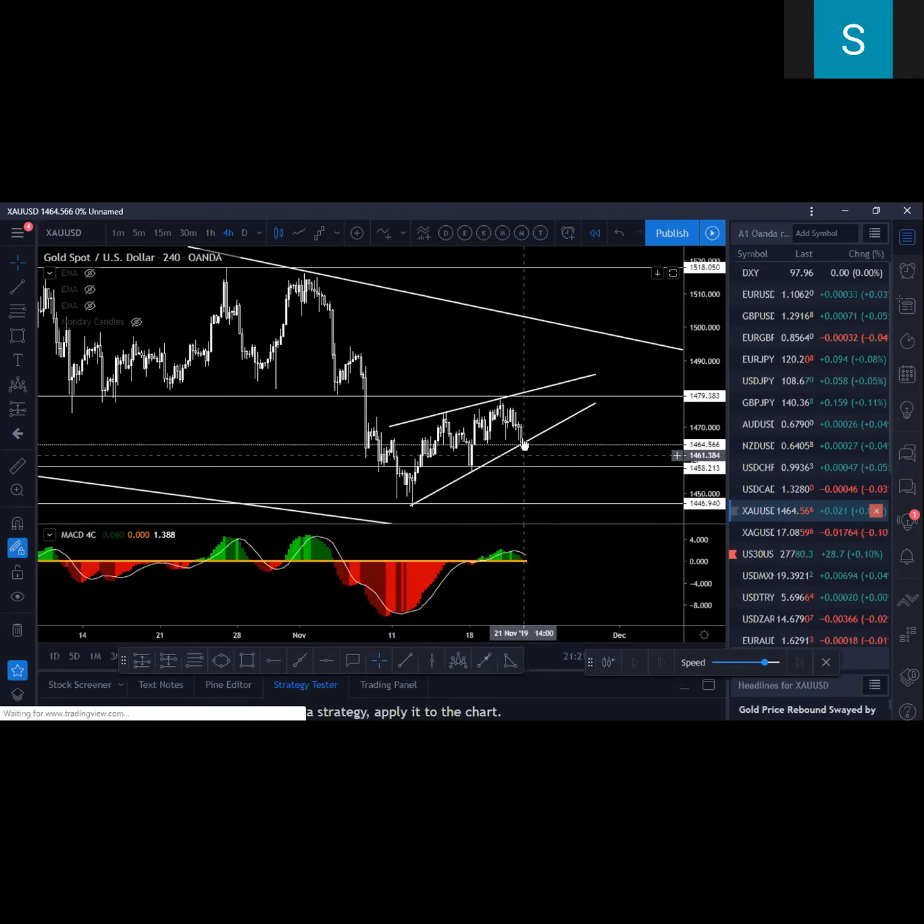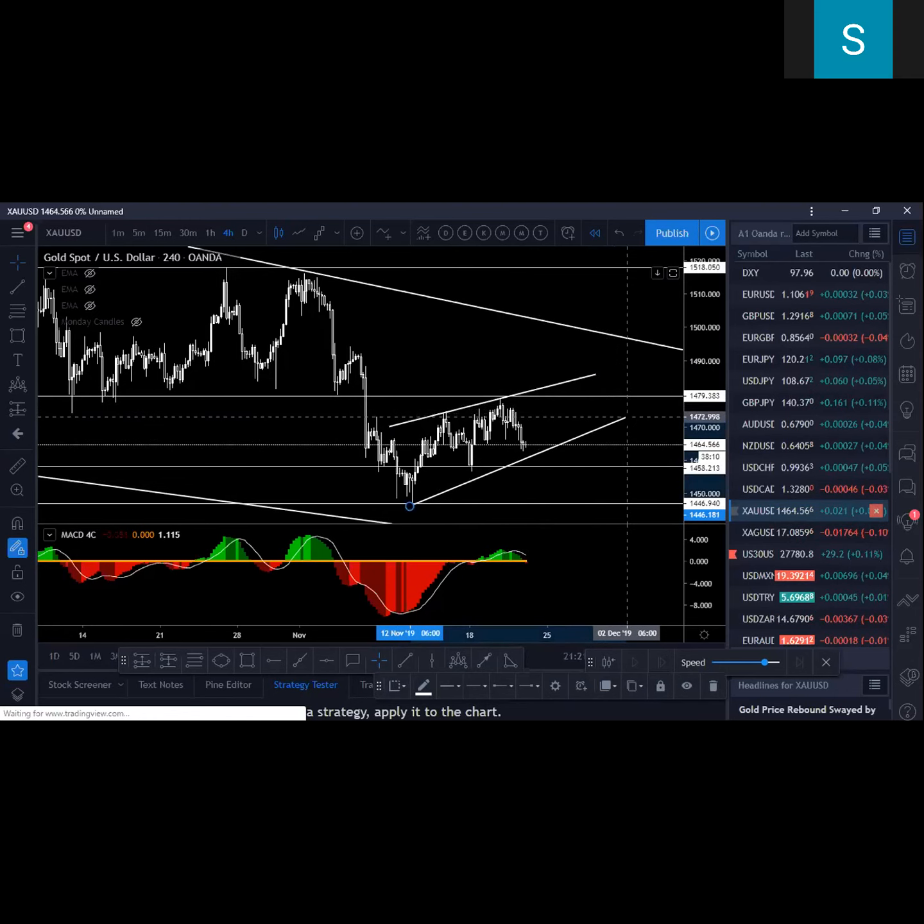Right, correct. So where current price is, you can see it starting to form up for a reversal. All we need is a nice engulfing candle.